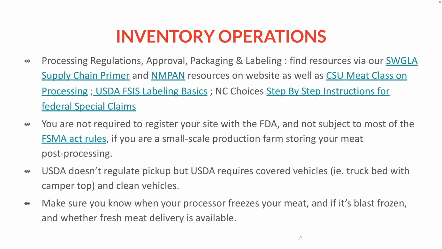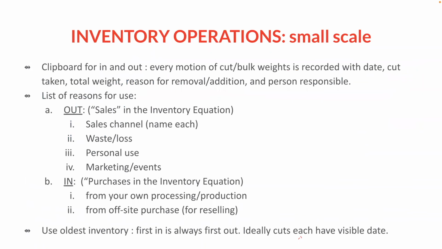So you might be in a frozen system, but there might be a lot of benefits to you picking up some fresh at the time, and your processor may or may not be willing to separate out your carcasses in a certain way such that you could actually pick up a certain amount of your inventory fresh. So that's just a negotiating tactic with your processor. If you're wondering about how to talk with your processor in ways that make you all feel good, we have a course on that as well, as I'm sure you can guess, about processor communications and relationships.